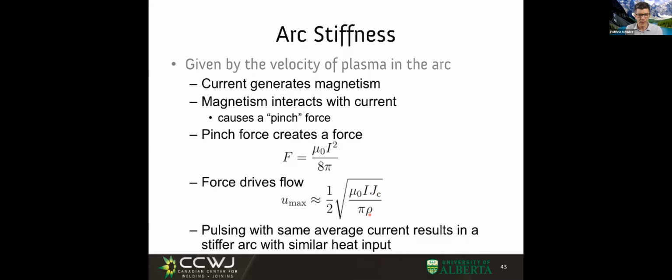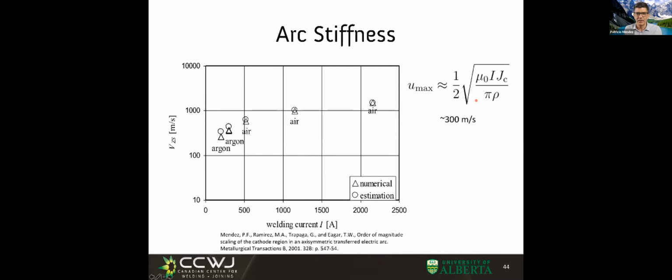How good is that formula? Well, this formula is the one that predicts more or less 300 meters per second in welding. And you can even extrapolate this formula for electric arc furnaces, in which you're welding at more than 1,000 amps. And in this graph, what we see is welding current in the horizontal axis and the maximum velocity in the axis of the arc.